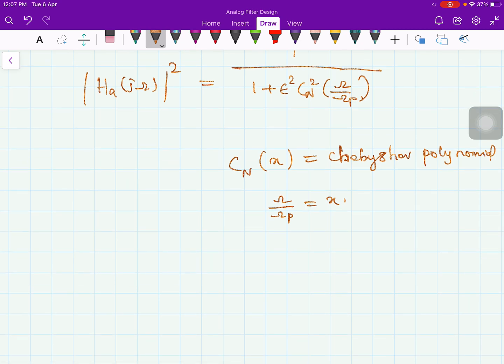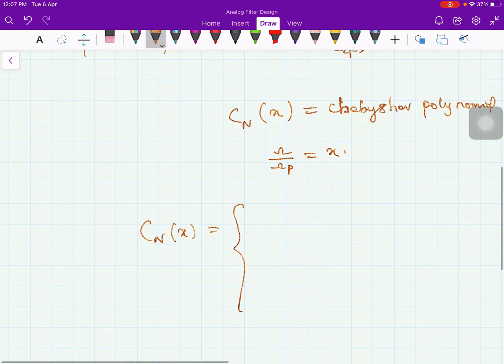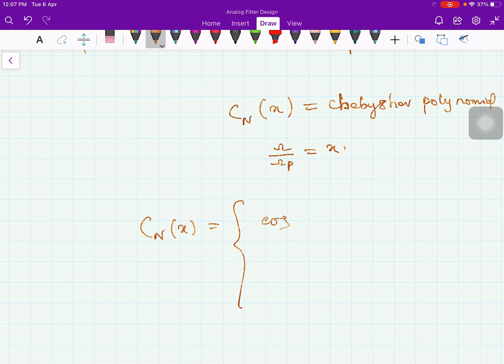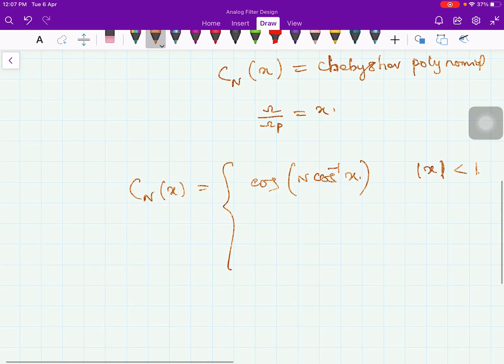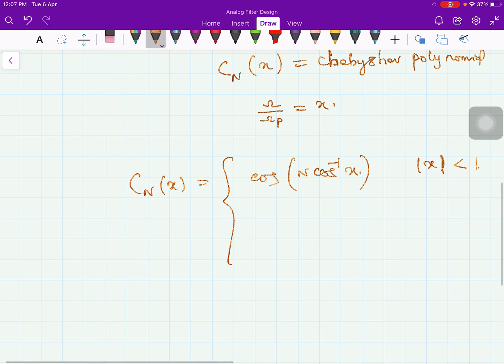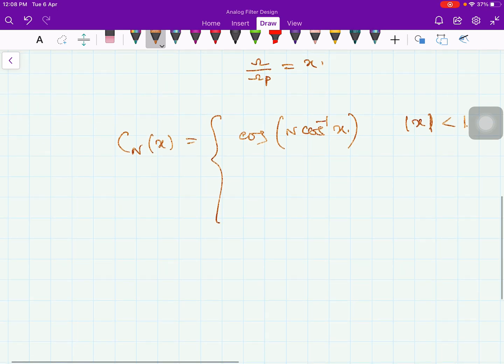Therefore, the Chebyshev polynomial is defined as cosine of n cosine inverse x for mod of x less than 1. That is, x lies between -1 and +1.